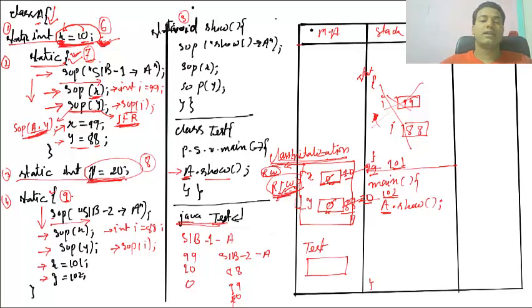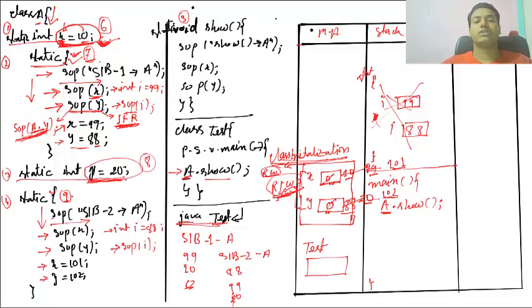You cannot read that variable directly, and if you try to read it directly, you are going to get an illegal forward reference because it was not initialized with the actual value till now. So to avoid that, we do not read it directly, we read it with the class name, that is A.y. Now it is not giving any problem, and this gives the output as the default value, that is 0, right?